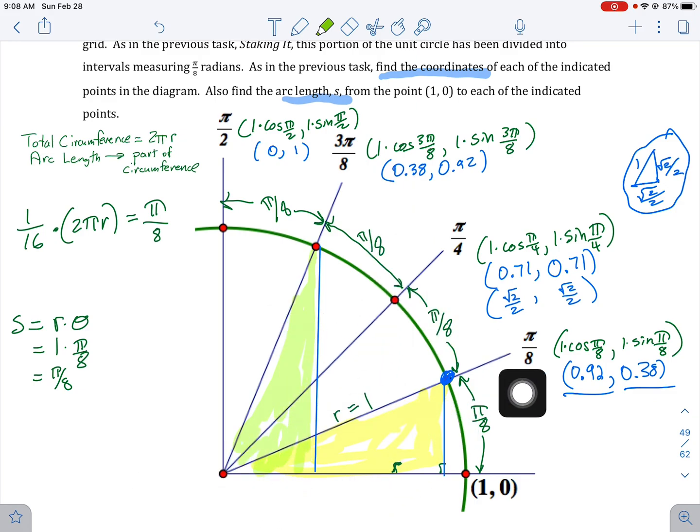And so therefore, without doing the calculations, we could swap the x and y values, 0.38 and 0.92, and that represents the position. Now the last one is if you're at pi over 2 radians, or 1/4 of the way around a circle. This is the high point of the circle, and because the radius is equal to 1, and looking at our xy axis over here, you can see that x is going to be right at 0 and y is going to be equal to 1.